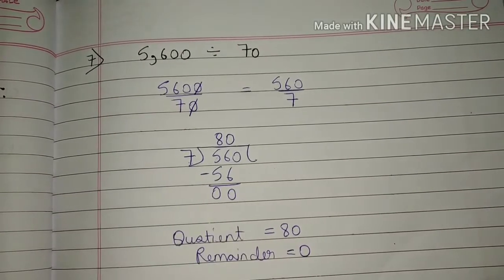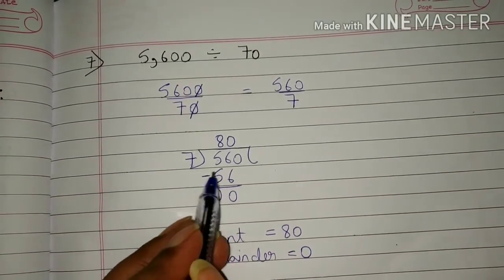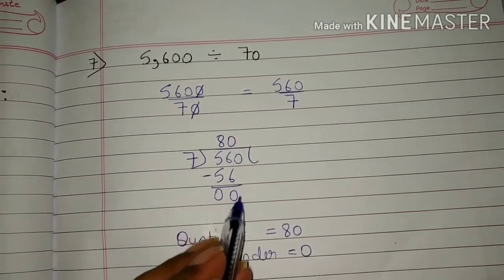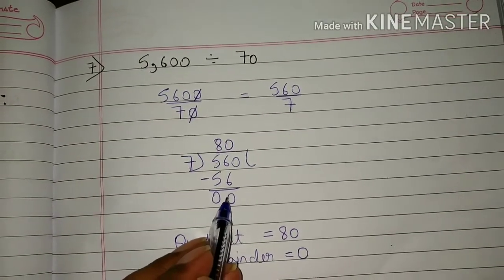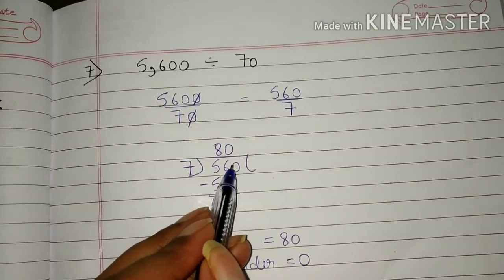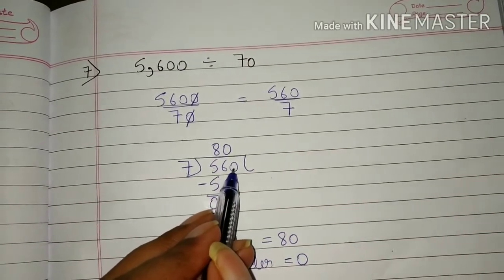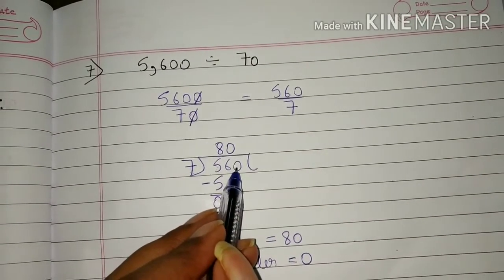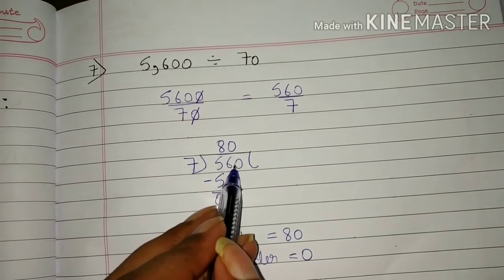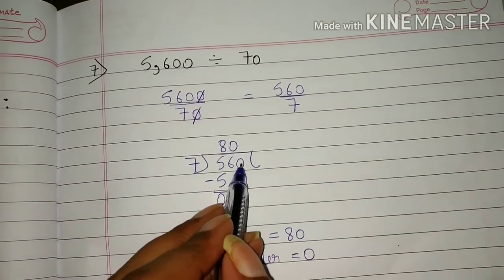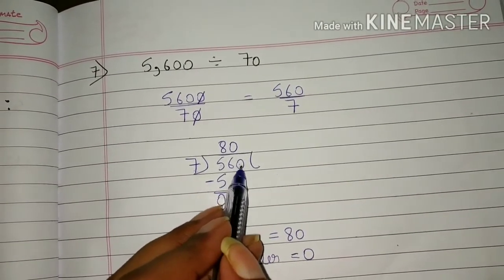56 minus 56 will give 0. Students, here only 0 is left. Students, 0 cannot be divided by any number. So we will write this 0 here.